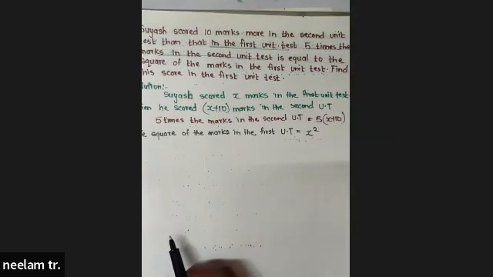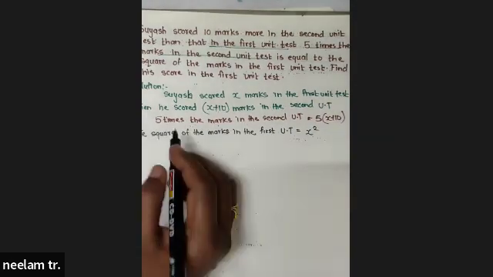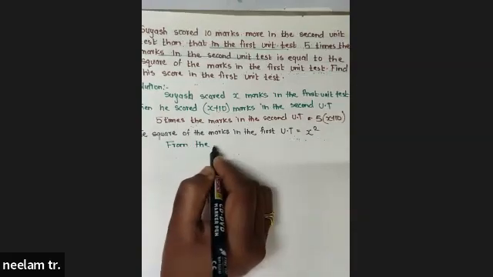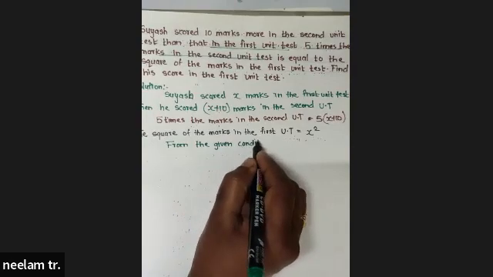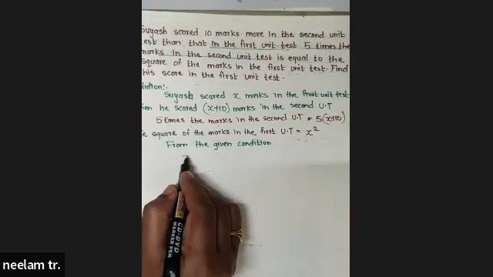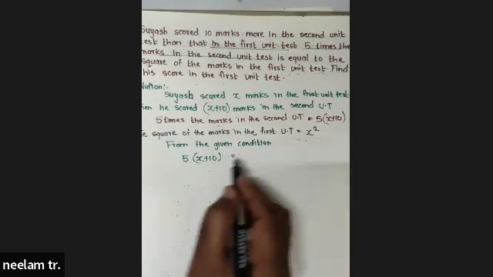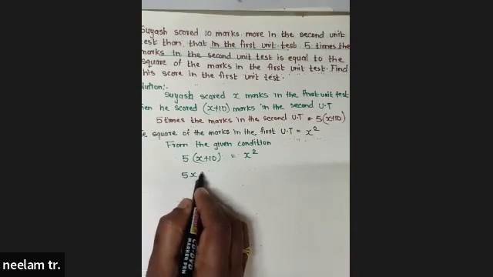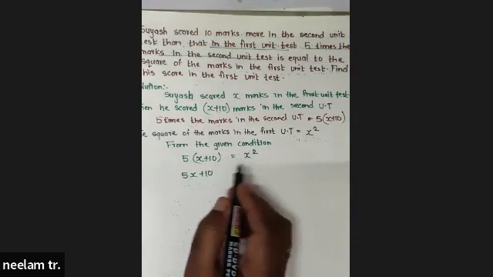Now from the given condition, what is there? 5 x plus 10 is equal to what is there? x square. Chalo, multiply: 5x plus 50.